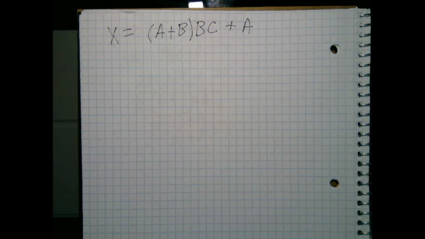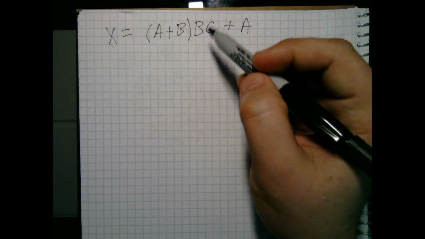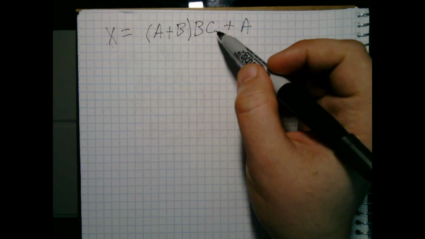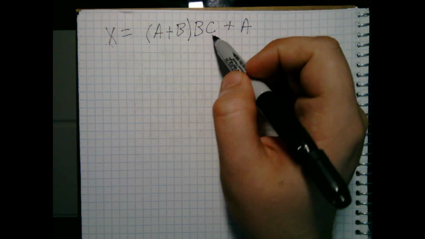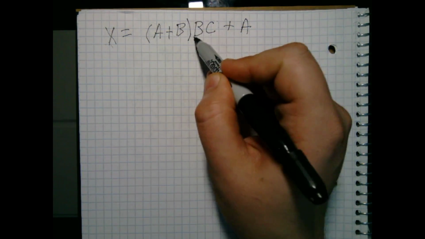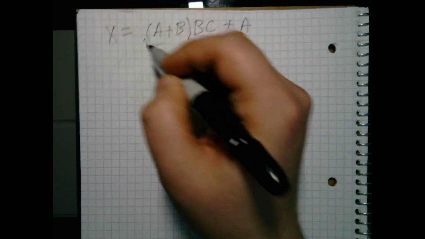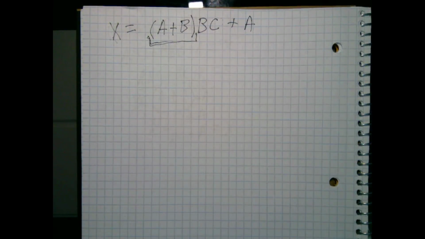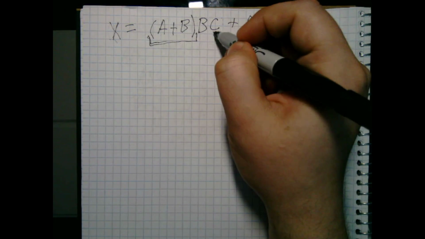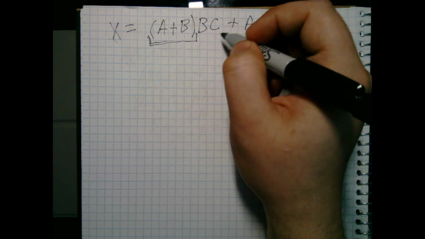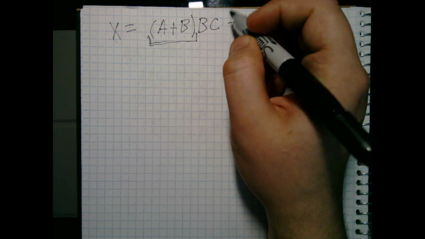So, where to start? The first thing I would notice is this parentheses here, and that we have a value outside the parentheses that can be ANDed. These two values are ANDed together, but that can be ANDed with this whole quantity here. And we can do that by distributing, using our law 3 of distributive properties.